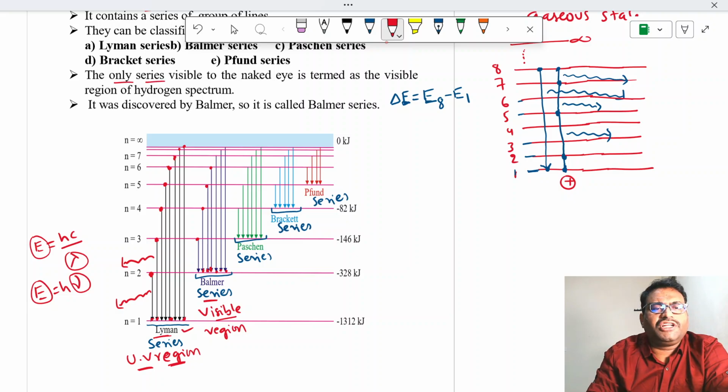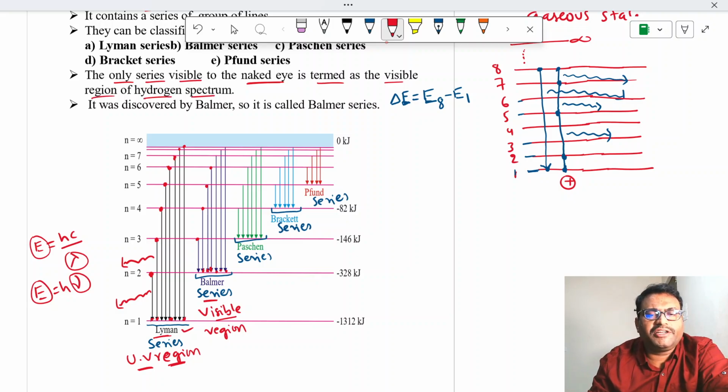The only series visible to the naked eye is termed the visible region of the hydrogen spectrum. In the electromagnetic spectrum we have seen that there are different rays: ultraviolet rays, infrared rays, gamma rays, cosmic rays.